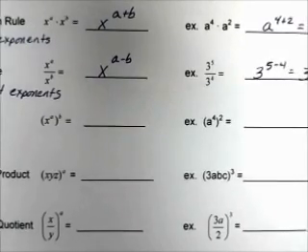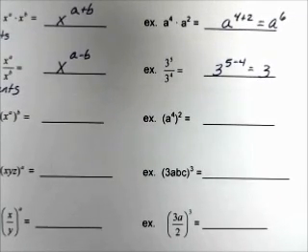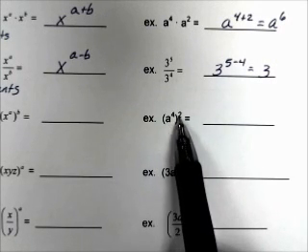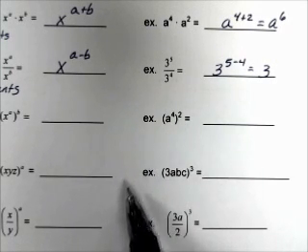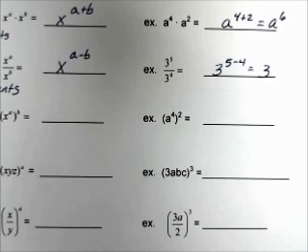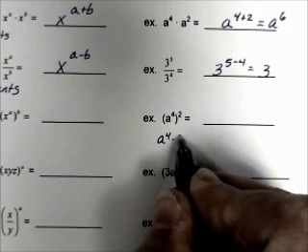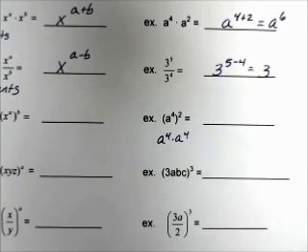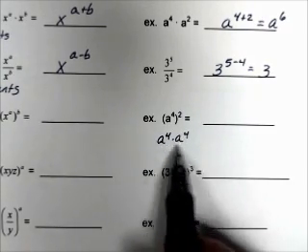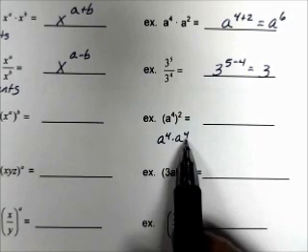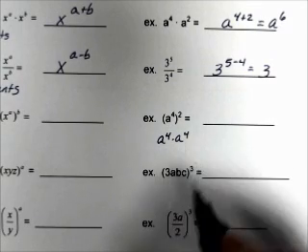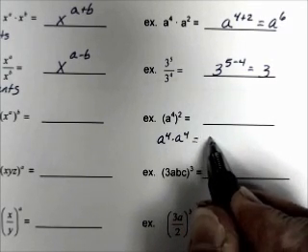Our next example, a to the fourth raised to the second power. So this is when we have a power raised to a power. Well, a to the fourth to the second, you can think of a to the fourth times a to the fourth. That's one way of thinking of it. And now you're simply multiplying. So what's the rule for your exponents is you add those. So that would equal a to the eighth.